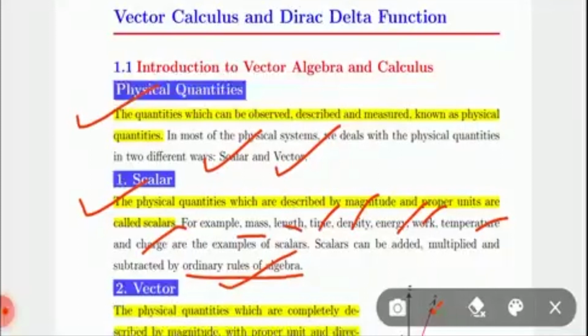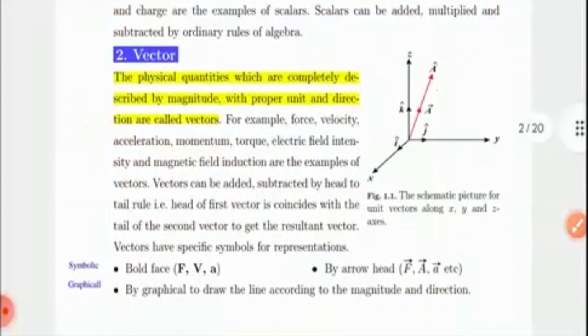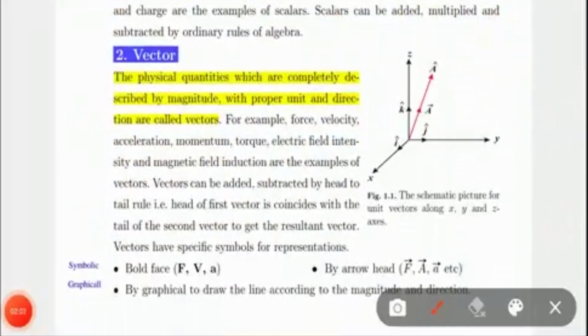On the other hand, the other quantities are the vector quantities, which are physical quantities completely described by magnitude with the proper unit and direction. Here the difference is the direction.